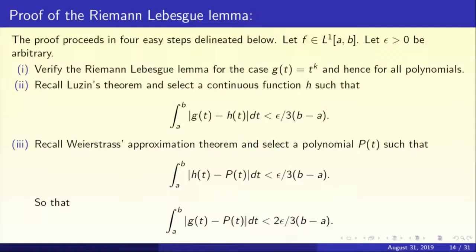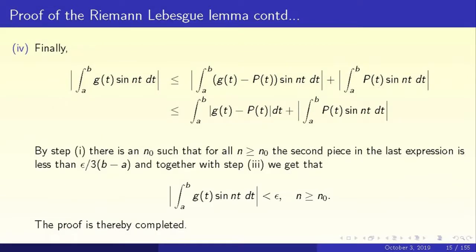Integral a to b of mod g(t) minus p(t) dt is less than 2 epsilon by 3 times b minus a. Alright. So now we are ready to complete the proof of the Riemann Lebesgue lemma. So let us look at integral a to b g(t) sin nt dt. Add and subtract p(t). So we get integral of g(t) minus p(t) times sin nt plus integral a to b p(t) sin nt dt.